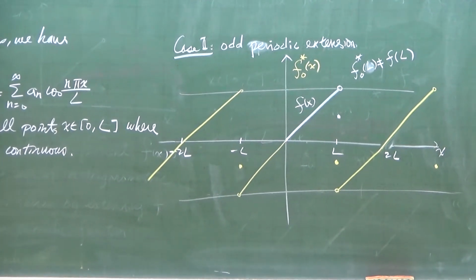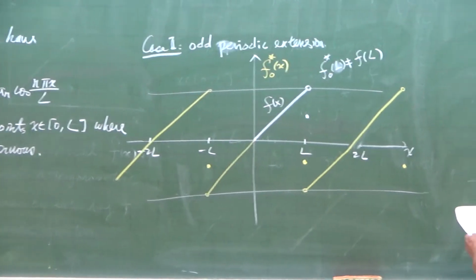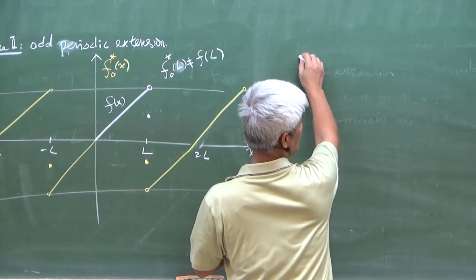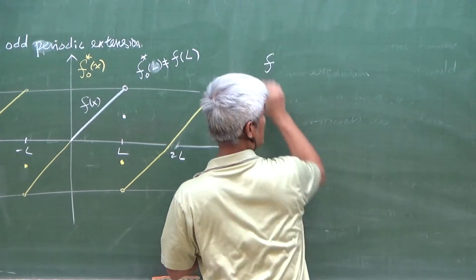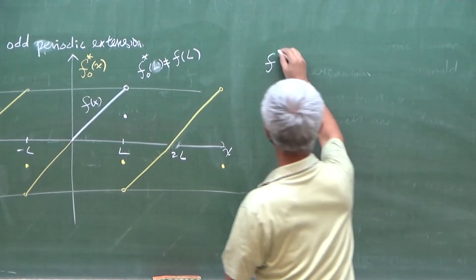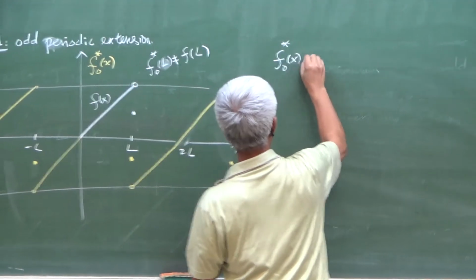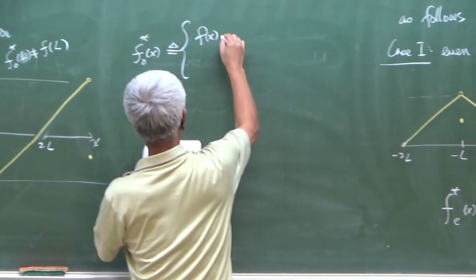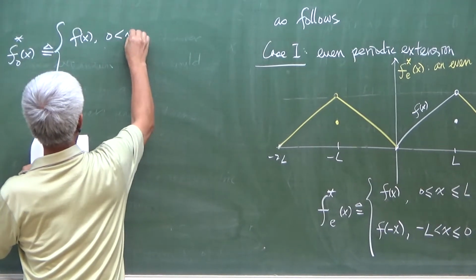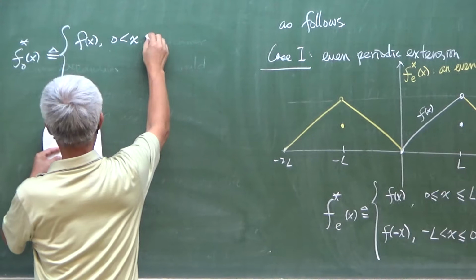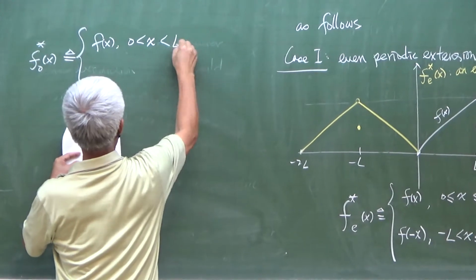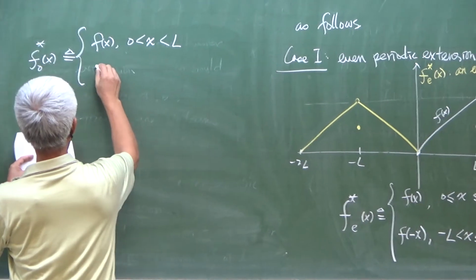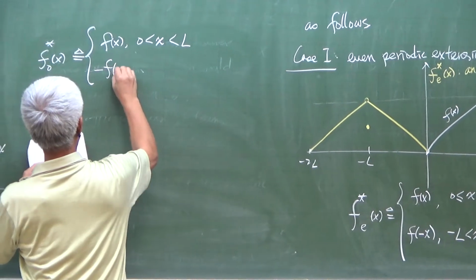Okay. So the definition, the proper definition. So we define, just like here, f star is defined to be f of x, and then here, minus f of minus x.